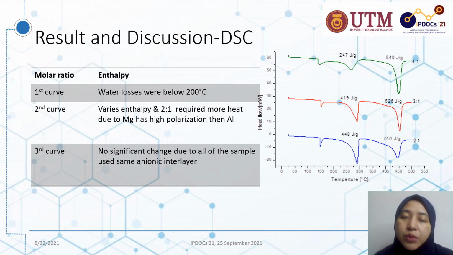This is in good agreement with the XRD before, that 2 to 1 has high crystallinity, so it needs more and more heat to break down. For the last curve, because it uses the same ions, there is not much change in the heat needed at the third curve.